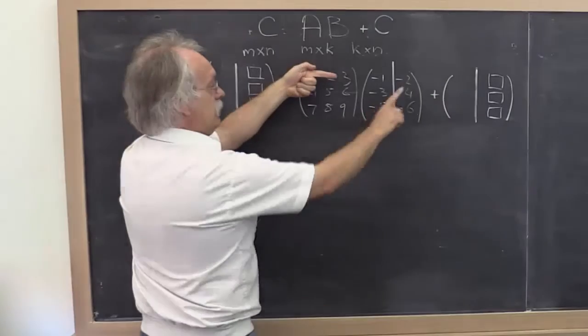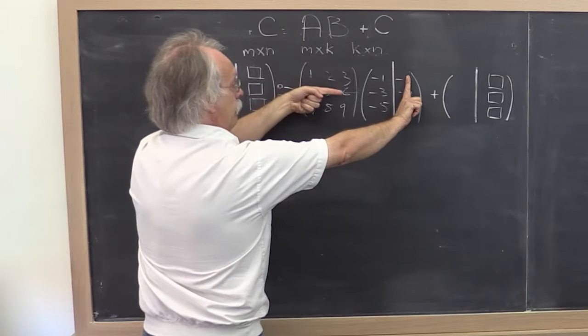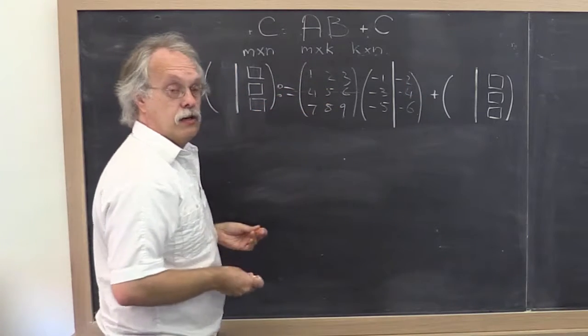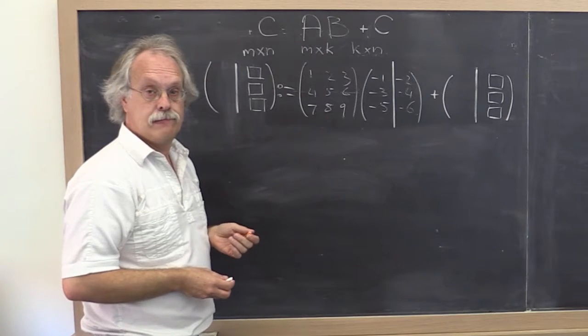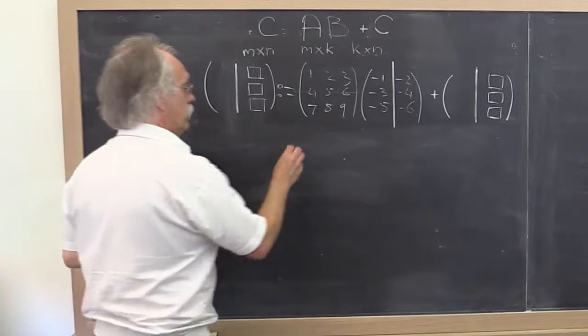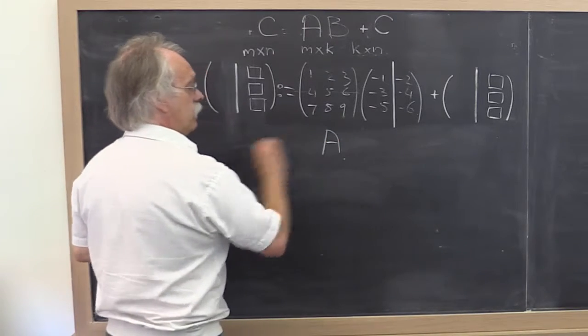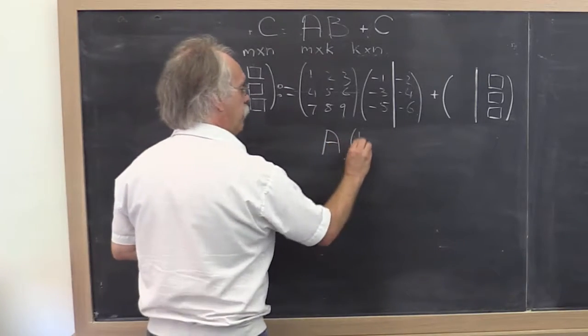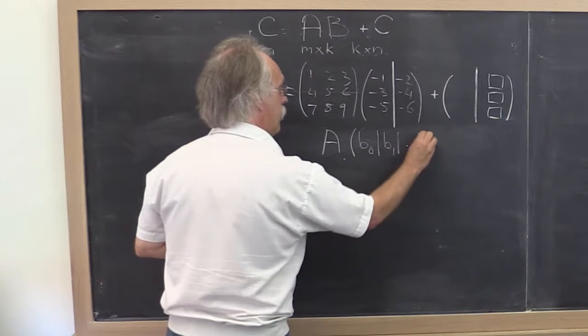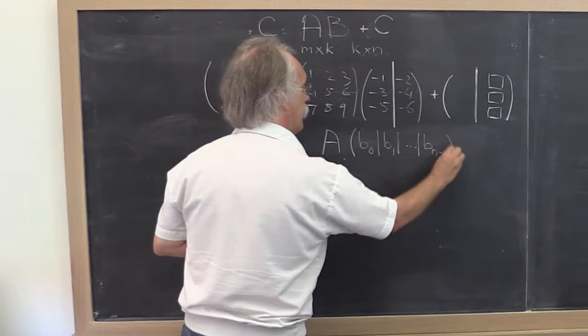But what operation is it when you do this dot product followed by this product followed by that product? Oh, that's just a matrix vector multiply. So if we generalize this, what do we get? We leave A alone. We think of B as a bunch of columns, n of them.